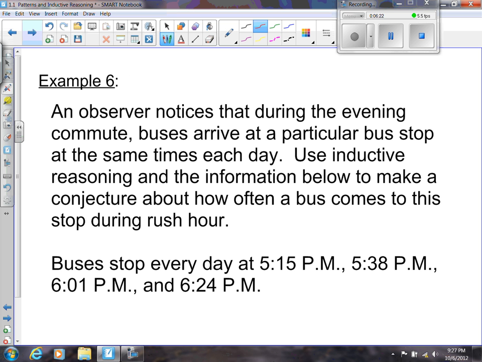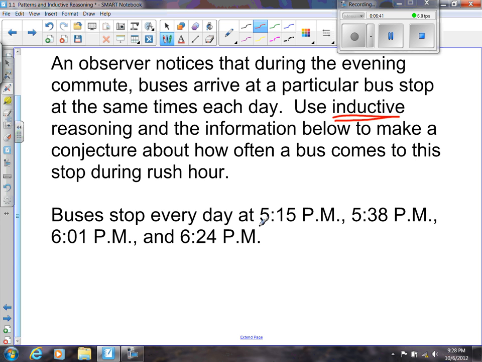Last example: an observer notices that during the evening commute, buses arrive at a particular bus stop at the same time each day. Use inductive reasoning, which means patterns, and the information below to make a conjecture about how often the bus comes. Here's when the bus comes. We have 4 times. I'm looking for a pattern.